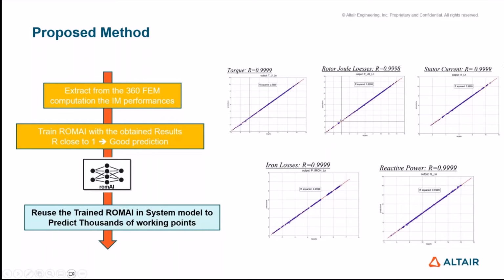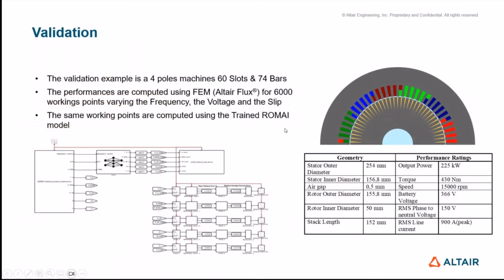The quality of the training is depending on this ratio R. The closer R is to 1, the better the trained model we have. So we have this trained ROM model for each quantity, and then we are going to use it in Activate.